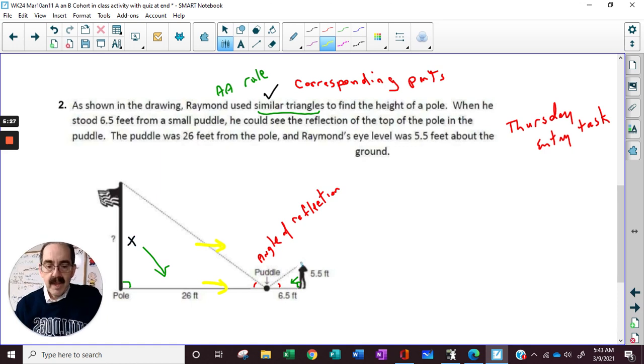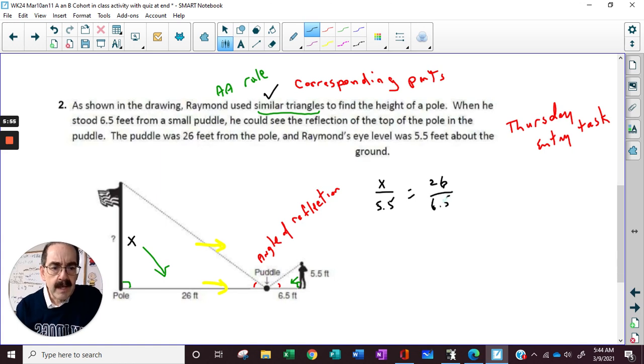If you're still not sure, think of this little triangle, how we would have to reflect it. The height of the body goes to the height of the flagpole. So I'm going to go this way: x to 5.5 is 26 to 6.5.